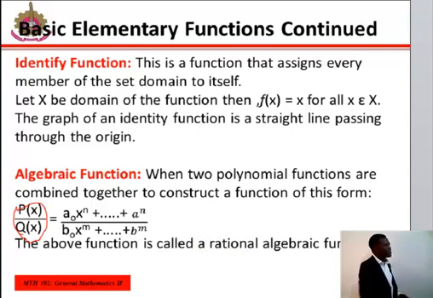Then we have a naught x^n plus a1 x^(n-1) up to an, all over b naught x^n up to bn. Then the above function is called a rational algebraic function.